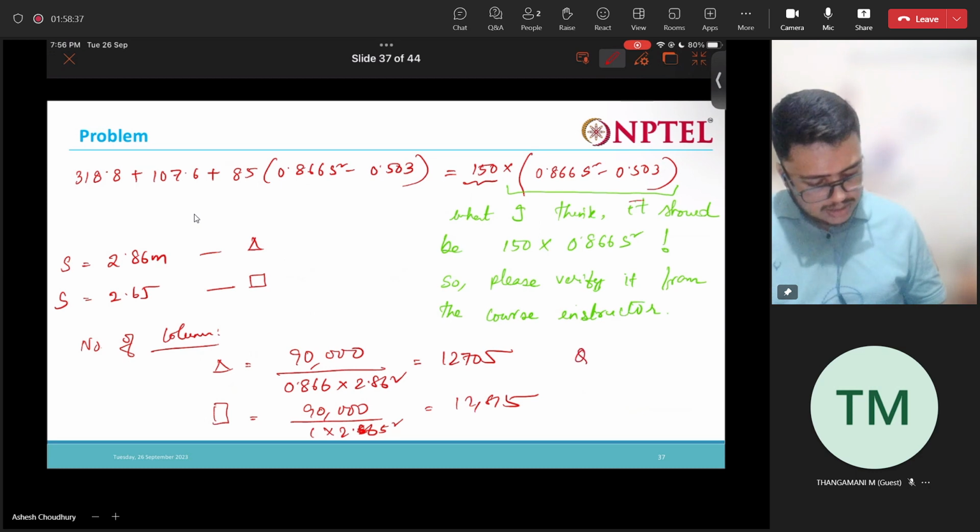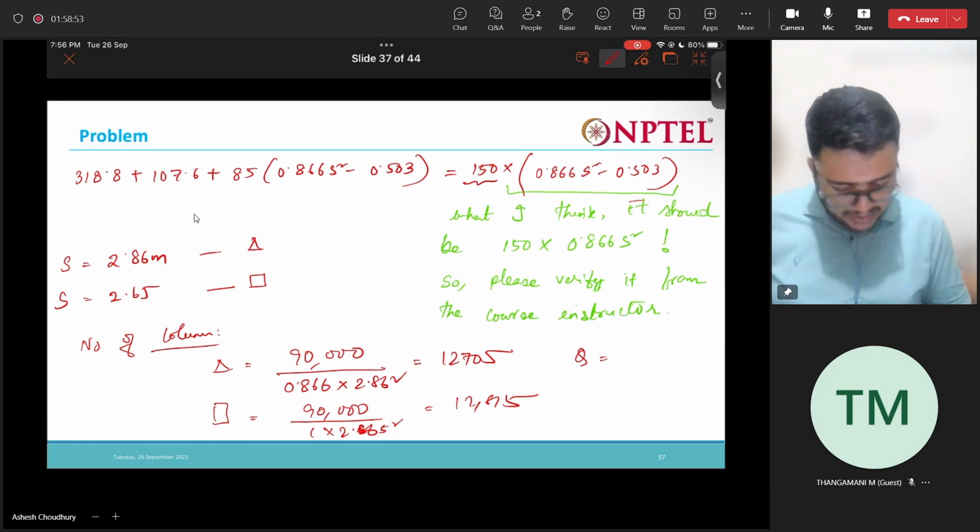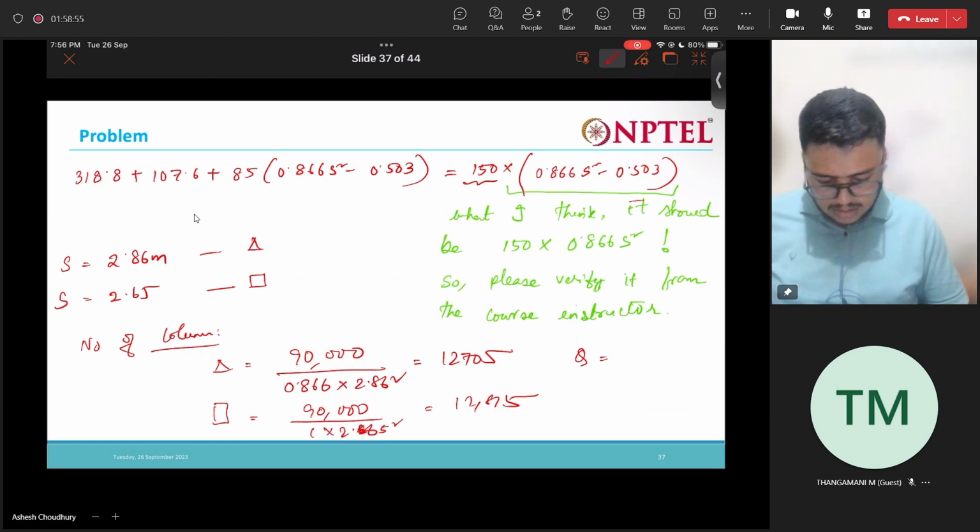What they have found out in case of a triangular arrangement is, just put the value of S here, 318.8 plus 107.6 plus 85 times 0.866 into 0.86 square, yes, 985 kilonewton.